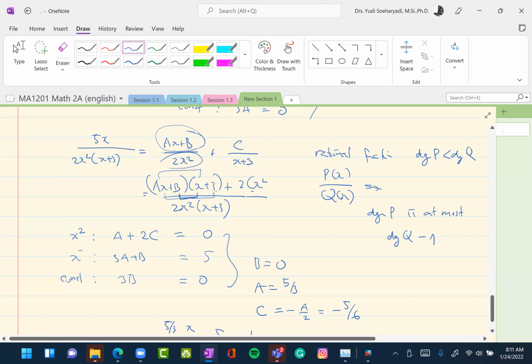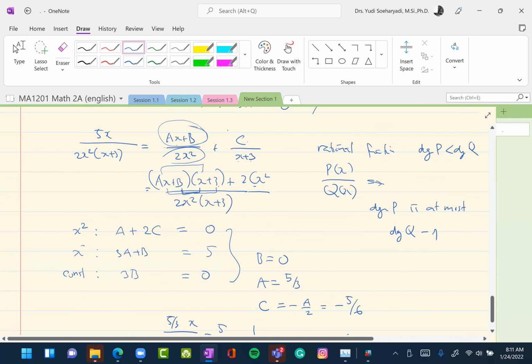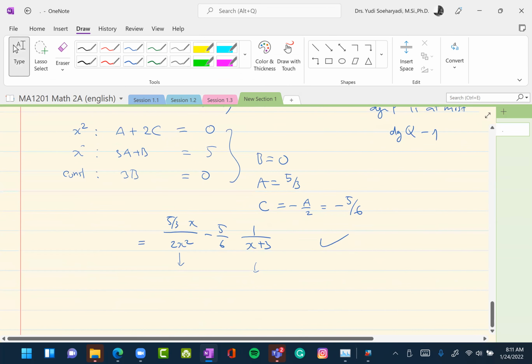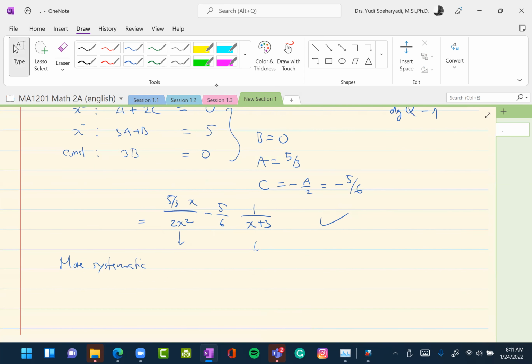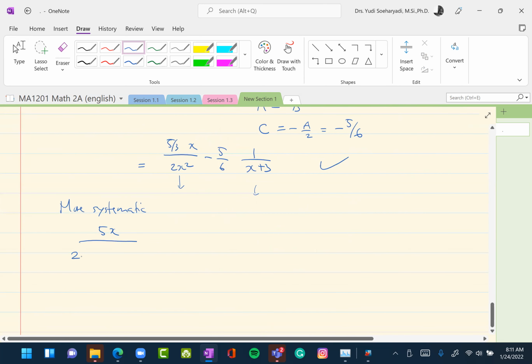Okay, thank you, sir. But there is another way to do this one. This is correct, but there is an easier way to do this one and more systematic. So let's see, this 5x over 2x squared. Let's see the case here.